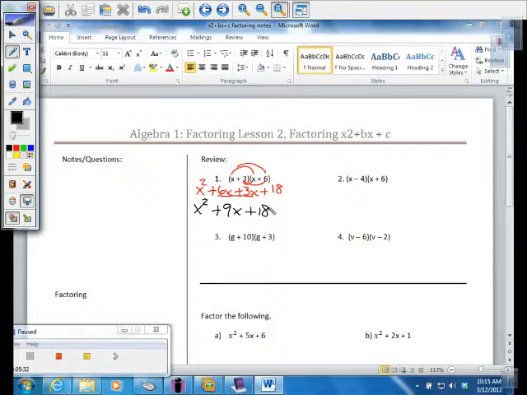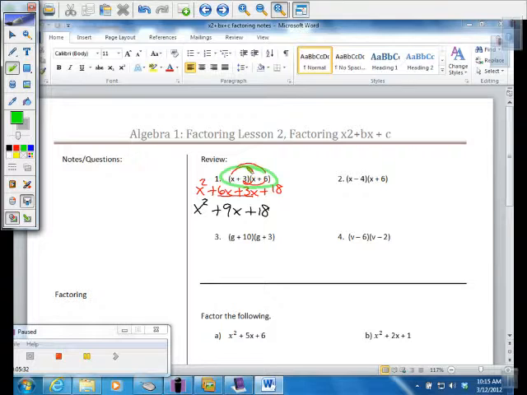Again, remember, you can kind of see the correlation here because of what you already know. If I factor what I have here in black, I know that I'm going to get this. So understand that when I multiply the first times the last and add up to the middle, I need two numbers that multiply to give me 18.